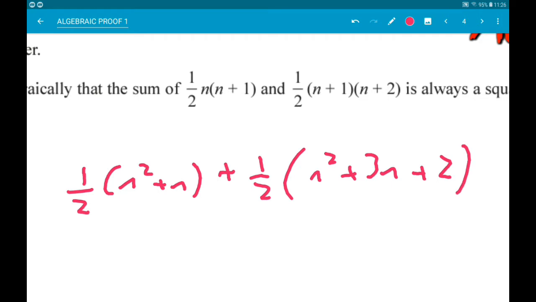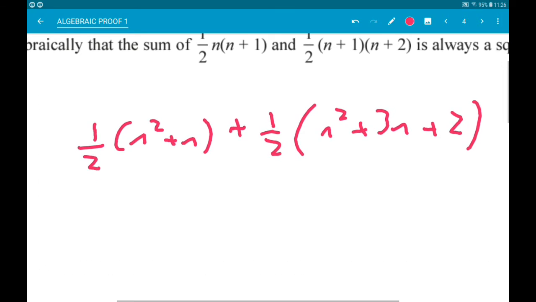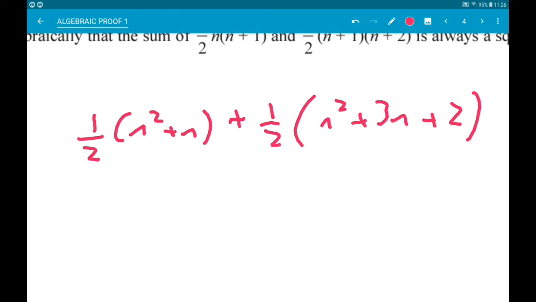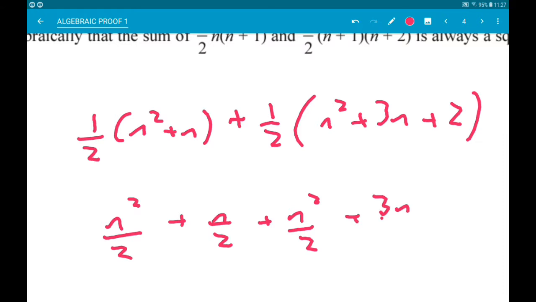Okay, now if we expand with the halves, we're going to get n squared over 2, add n over 2, add n squared over 2, add 3n over 2, add 1.